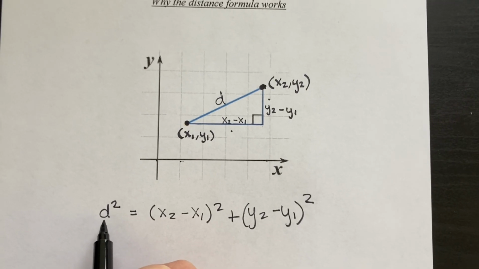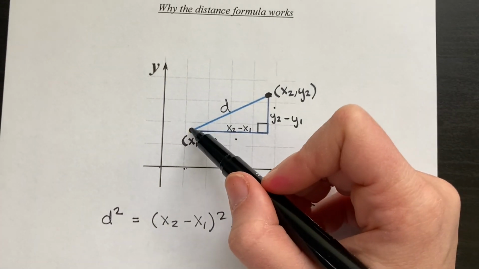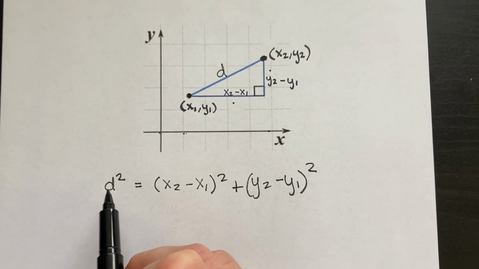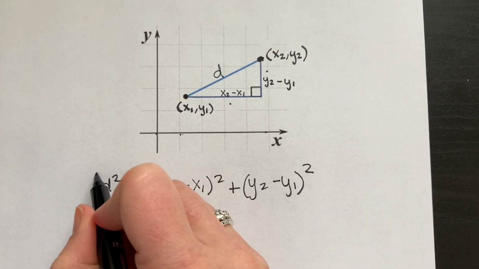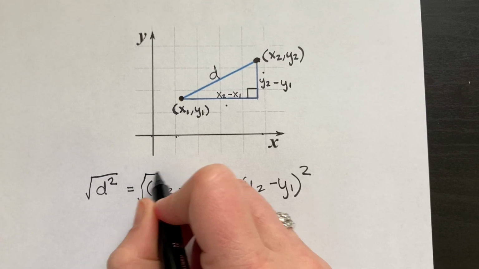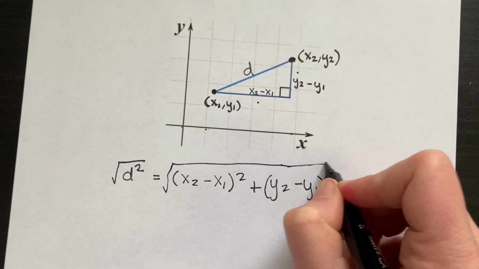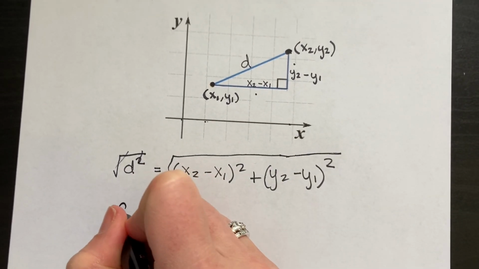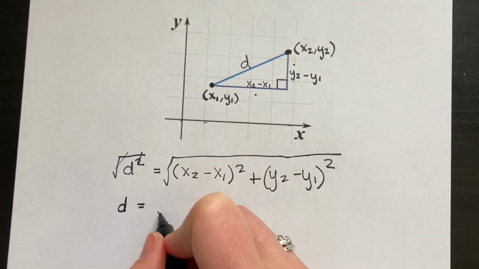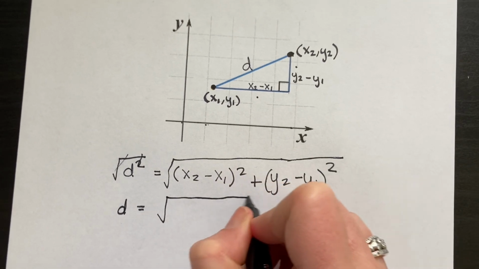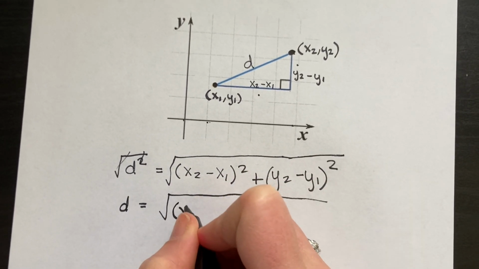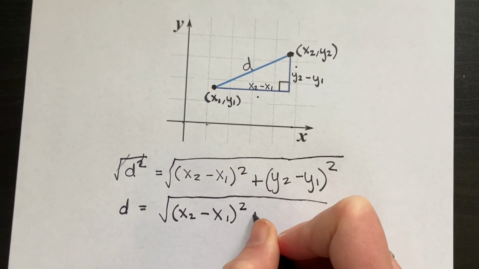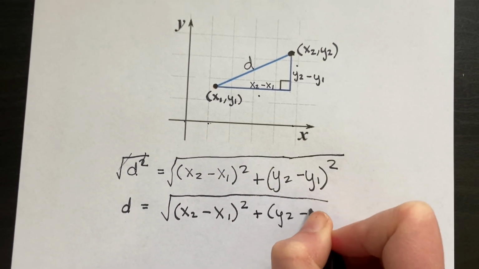I don't want the distance squared though, I just want the distance from this point to this point. So to get rid of a squared, I take the square root of both sides. I bet you're noticing it's starting to look like the formula. Those will cancel there. So distance equals, and there it is, the square root of x2 minus x1 squared plus y2 minus y1 squared.